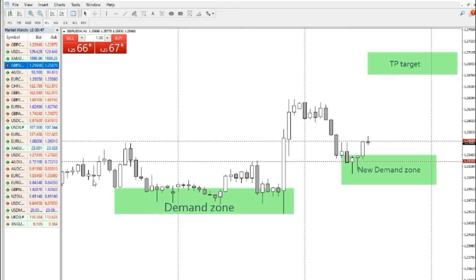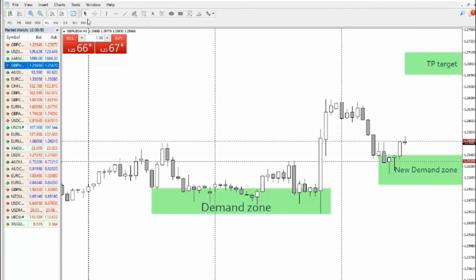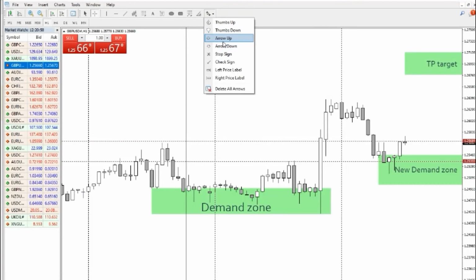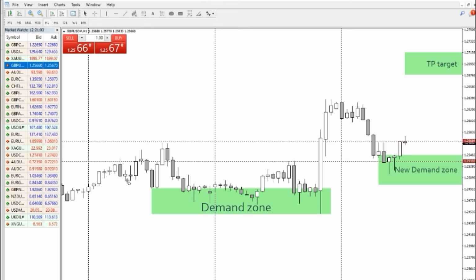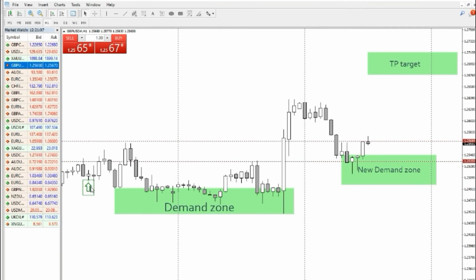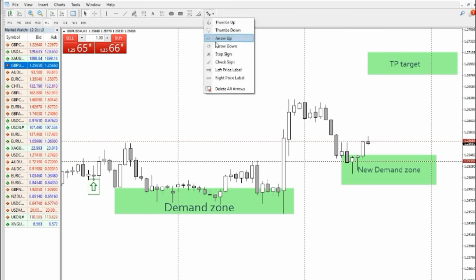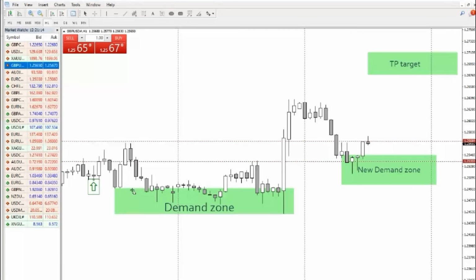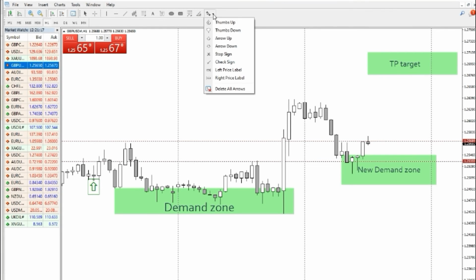If we look closely to the left, around this 1.251 area, at one point in time there was a resistance level, and at another point there was a support level. We had a support level around this area which held price, and we also had a support level around here too.